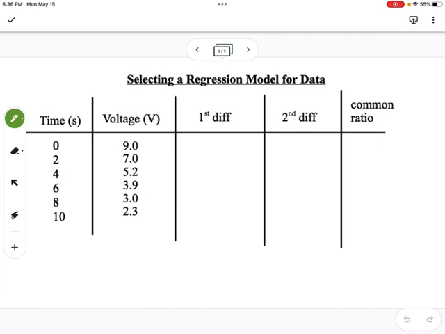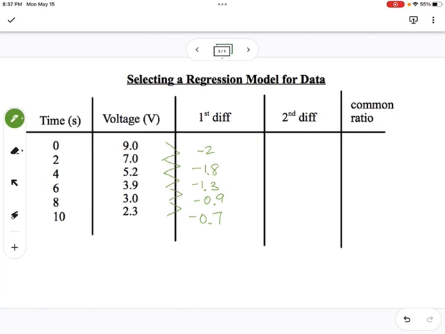So looking at the first differences, we're doing 7 minus 9 is -2. 5.2 minus 7, -1.8. 3.9 minus 5.2. 3 minus 3.9. And 2.3 minus 3.